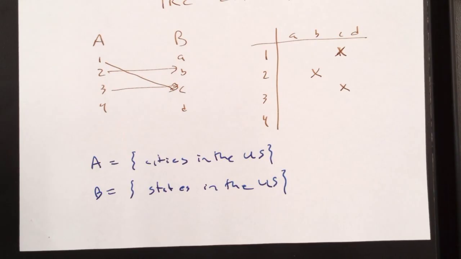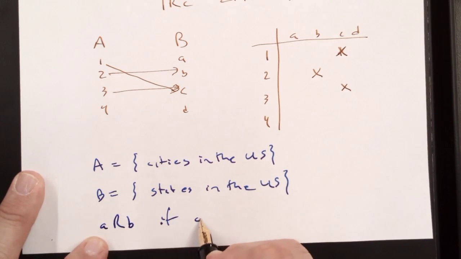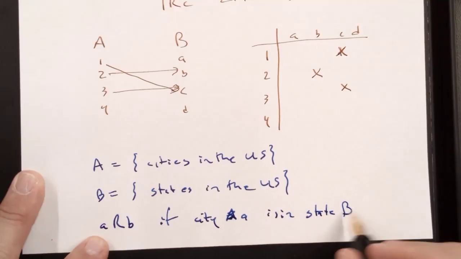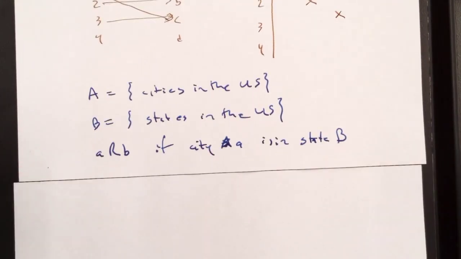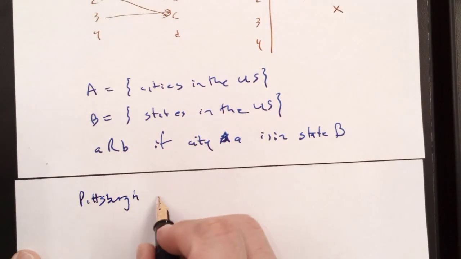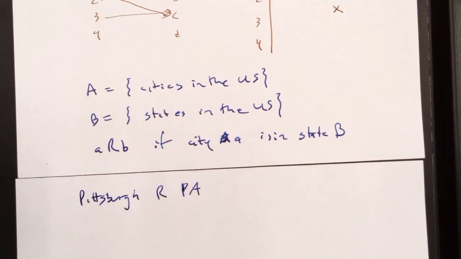I'm going to describe it: A is related to B if city A is in state B. So Pittsburgh is related to Pennsylvania, right?